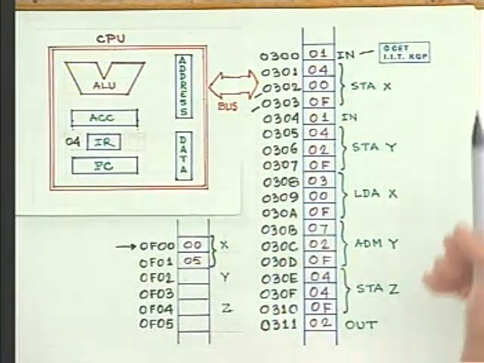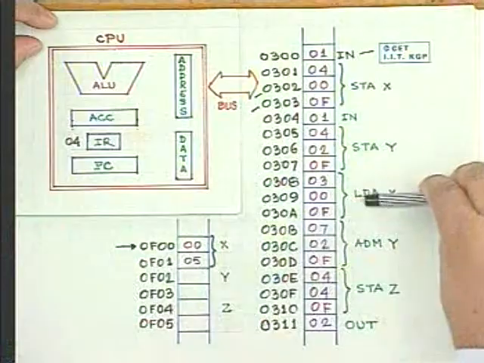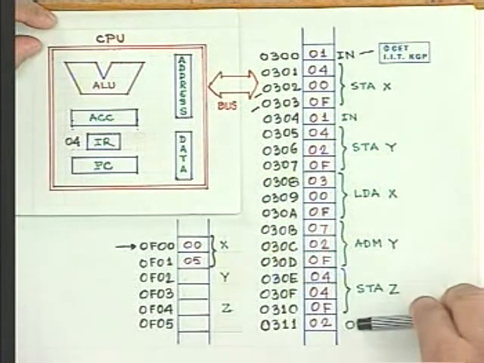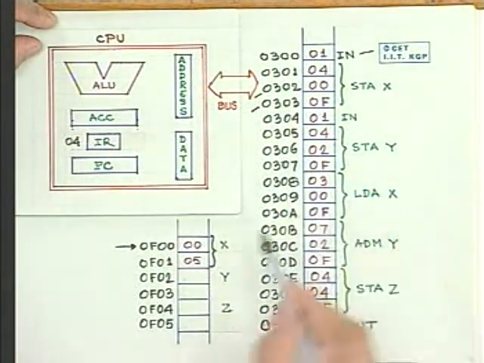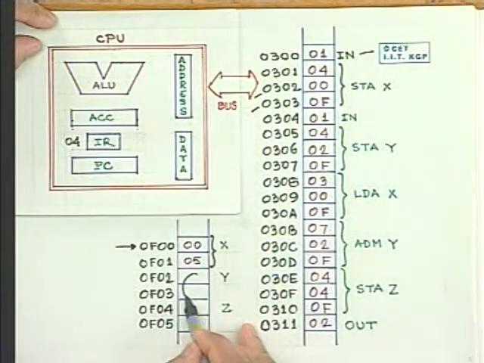That way, one after the other, all these instructions will be executed. Here the store accumulator will store something into Y.